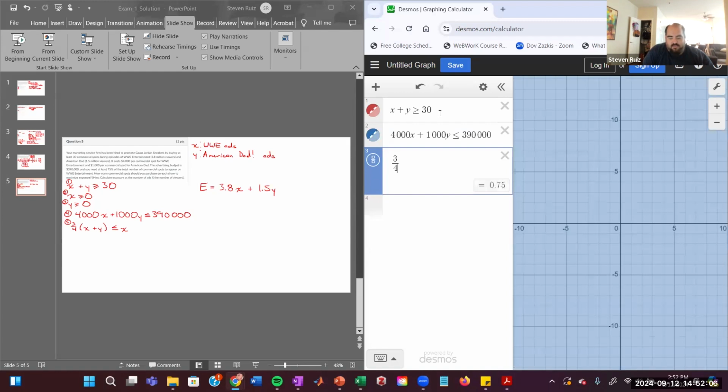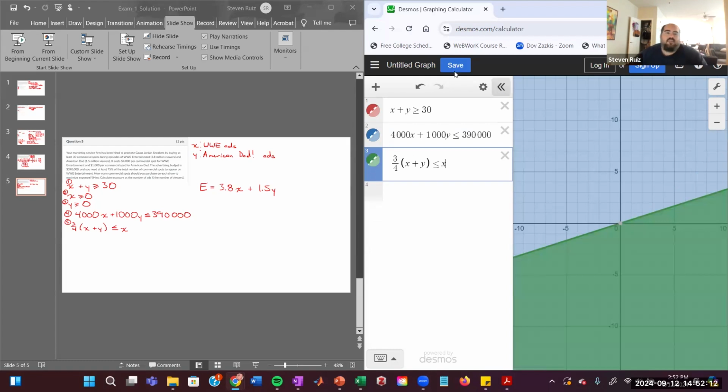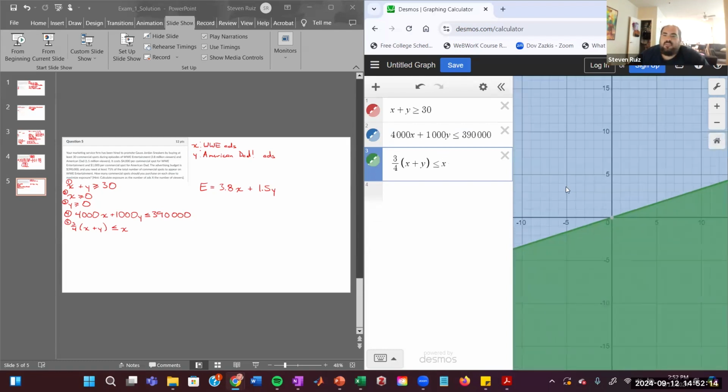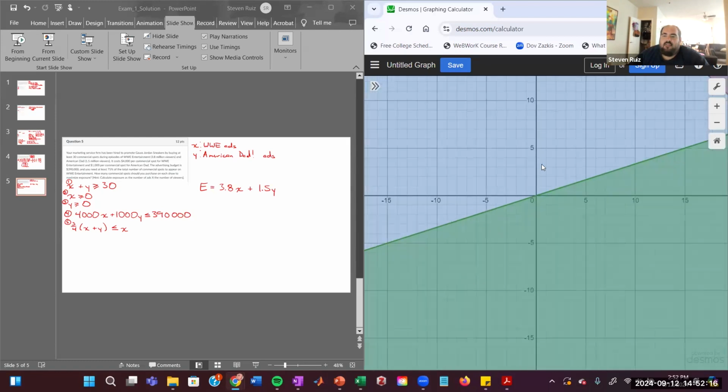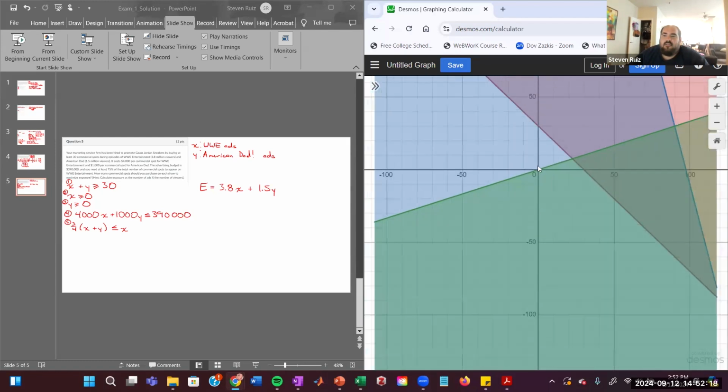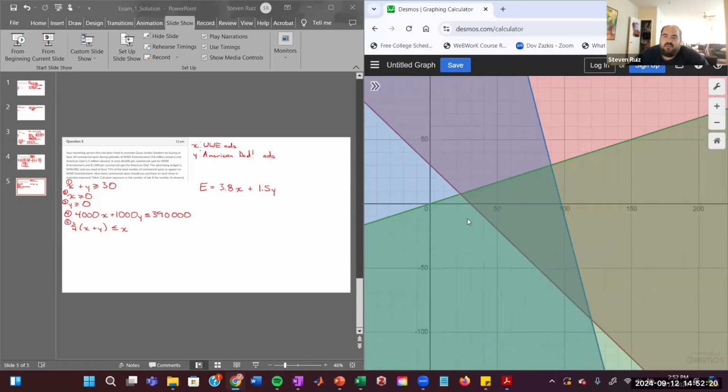And 3/4 times x plus y is less than or equal to x. So does this show me everything I need? I believe this triangle right here that I'm scrolling through gives me all of my, this is my feasible region.